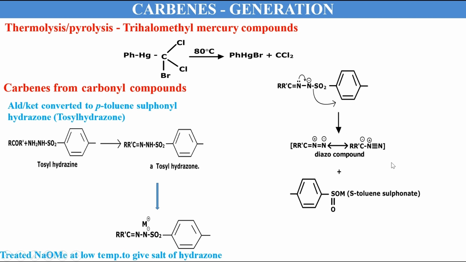The diazo compound which is formed can be heated. It loses electrons, dissociates over here, and gives rise to a carbene with the liberation of nitrogen. These are the four to five methods of preparation of carbenes.